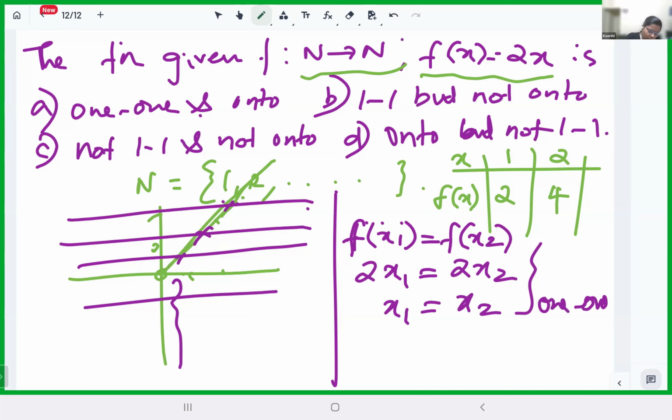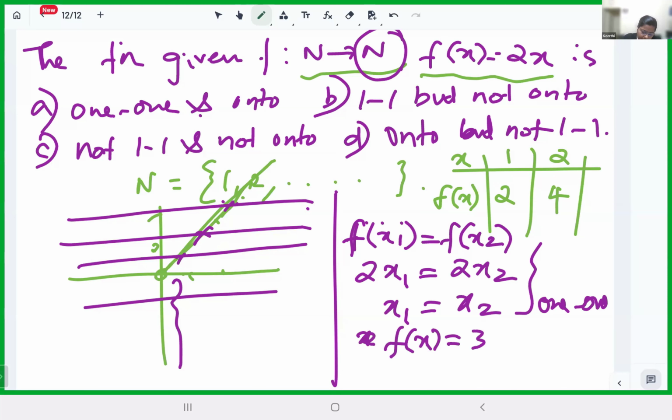Onto function means all the elements in this set should have a pre-image in the first set, right? So if you take f of x equal to 3, then what will happen?